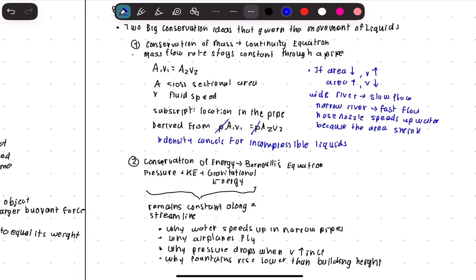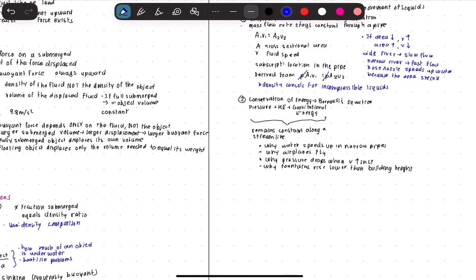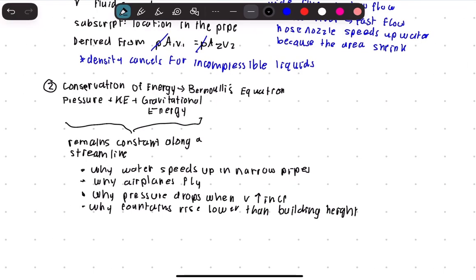And that's why it can also make the force of the water a lot stronger. The formula for the cross section of a circular pipe is just A equals πr², the area of a circle.